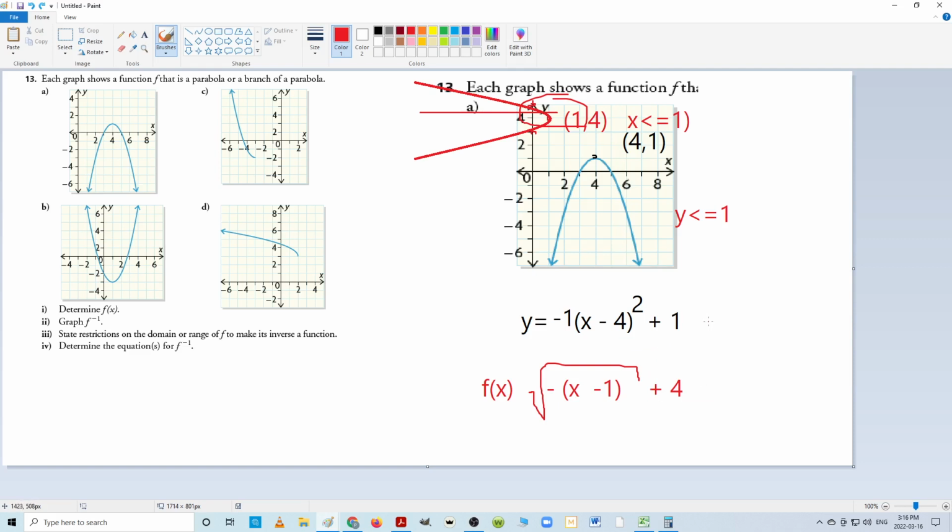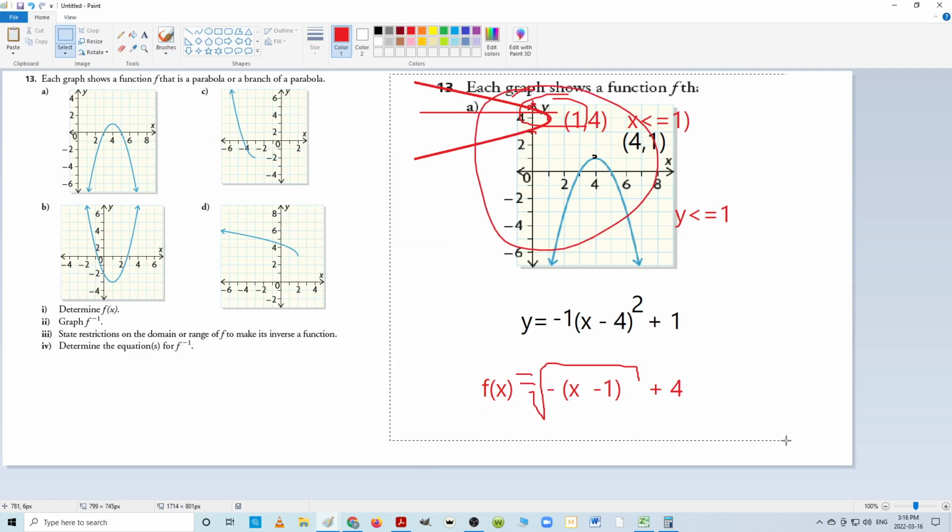If you don't understand how I did that, just unravel this equation, swap the x's and the y's, and unravel the equation in reverse BEDMAS order until you get to y. Essentially moving from the outside in. I've done it on lots of previous videos in this section. So there you go. And I've done the restrictions.